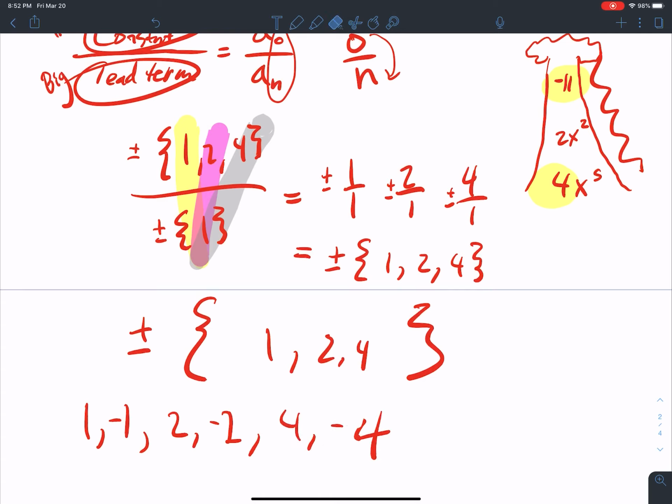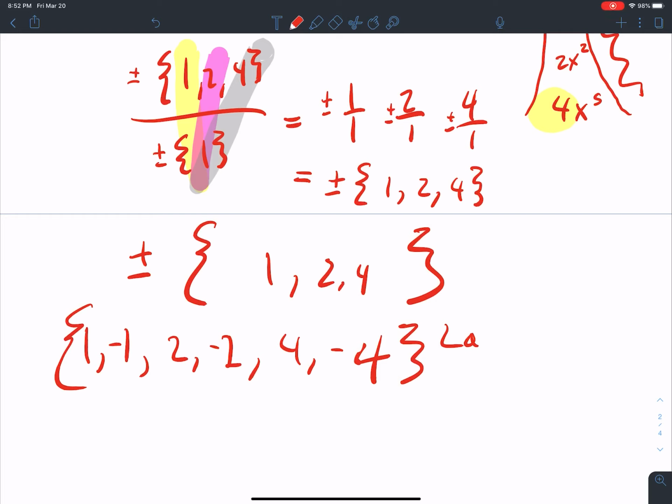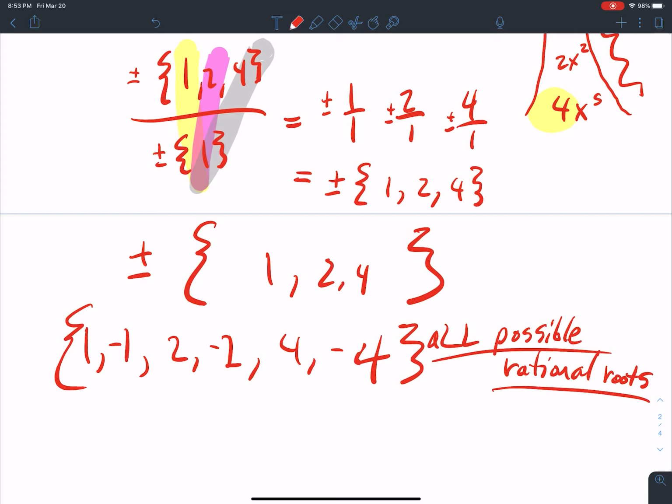And so that would take care of all possible rational roots. Now those are possible ones. It doesn't necessarily mean that they are all roots or zeros. So be careful with that. All right, good luck.